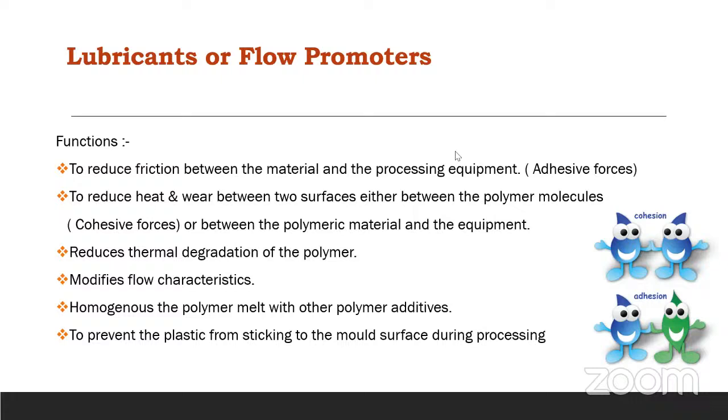Another category of additives improves the flow properties. It will be discussed in the coming slide. It is nothing but a plasticizer, and we can also say a lubricant. These are thermally stable at the processing temperature of that particular polymer.